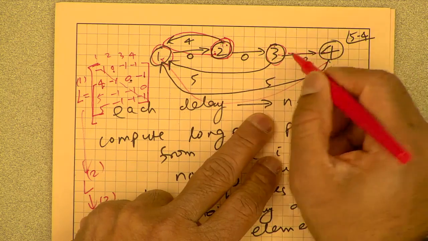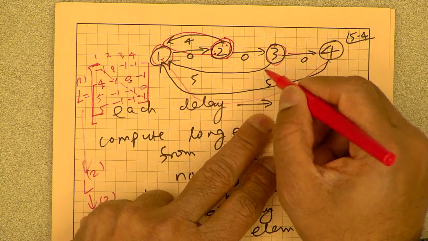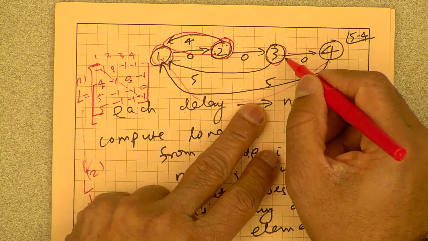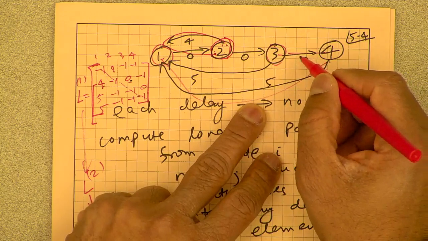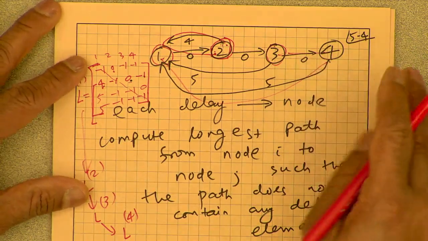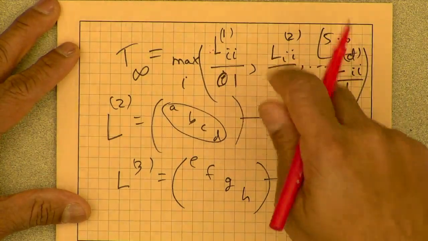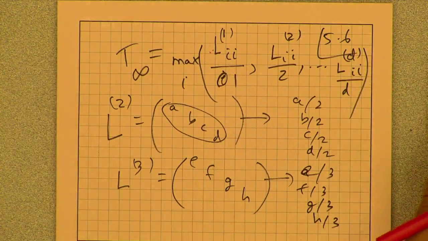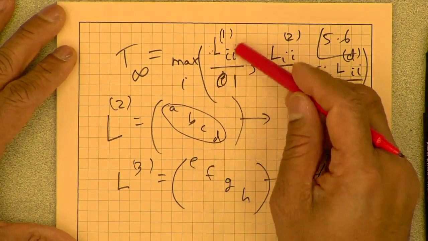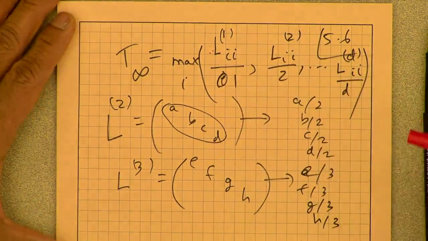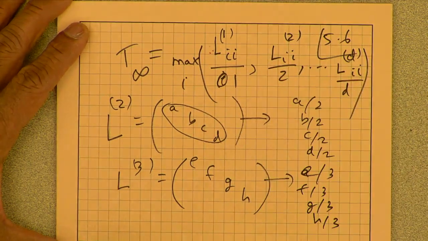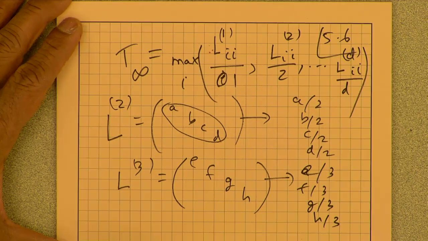So when we find an L3 whose diagonal entry is not -1, that means we found a loop containing 3 delays with a critical path. If we take the diagonal elements of all these L1 to LD and divide them by the corresponding number, then if it is 1 loop, that is the critical loop containing 1 delay. If there was a self loop, that would be the diagonal element in L1. We will talk more about that.